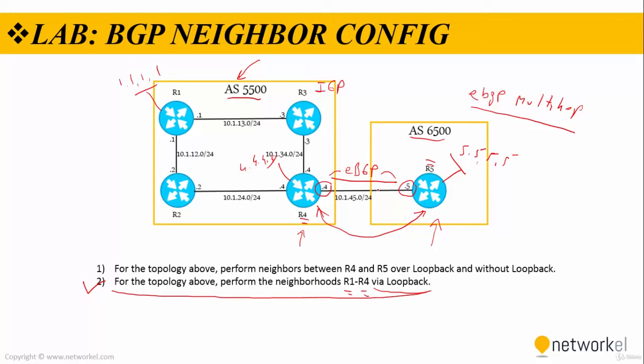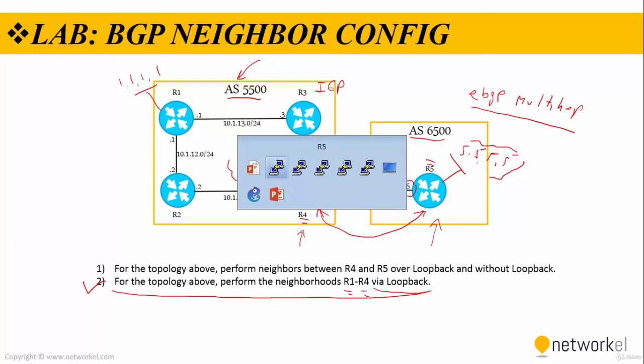These interfaces are directly connected, but my loopback interfaces are not directly connected. So I need to use the ebgp-multihop command. Also, I need to configure a static route between router 4 and router 5 to provide communication between 4444 and 5555. Alright, let's go.